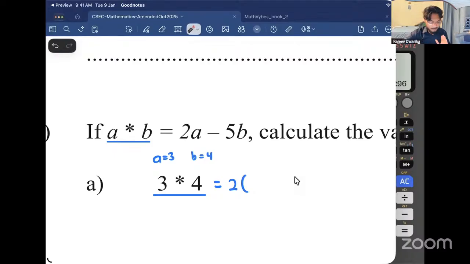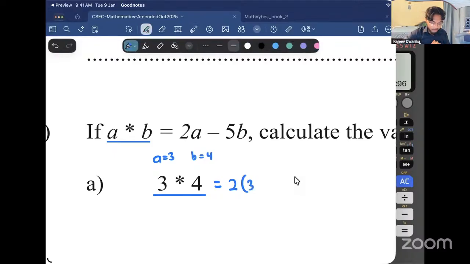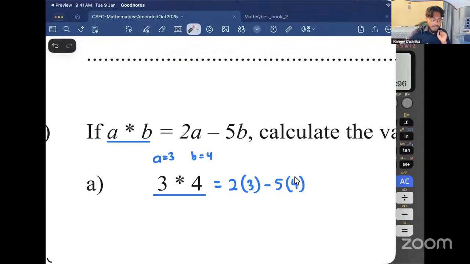So it'd be 3. And that'll be minus 5 by what? 5 by 4. Cool. So understand what I'm saying. Anytime you see this little star here, it is defined as 2 times the first number minus 5 times the second number. That's the specific operation.